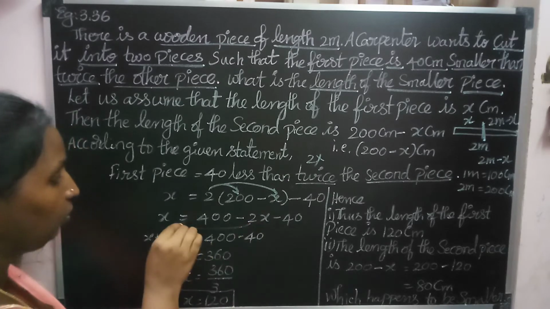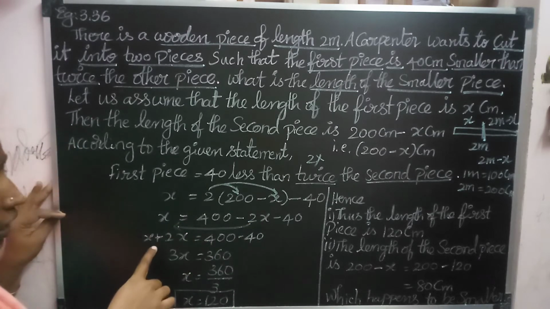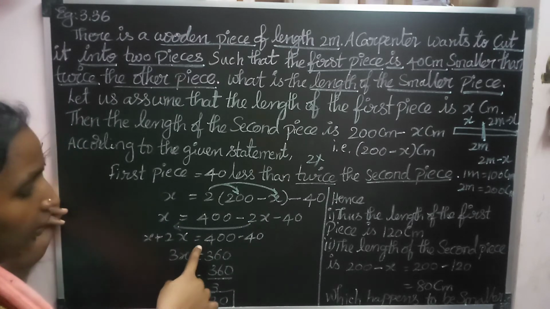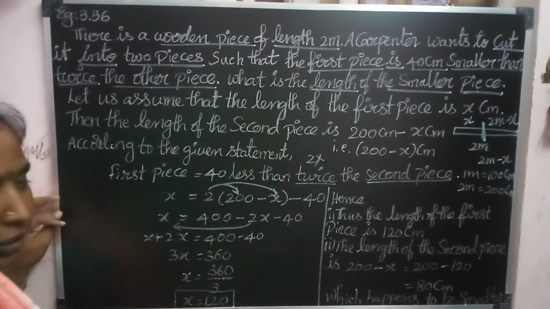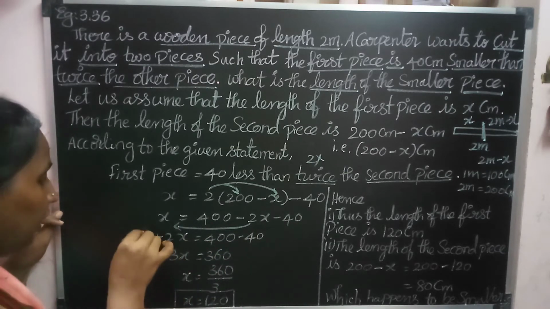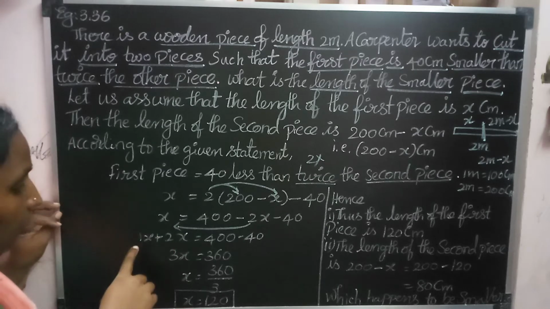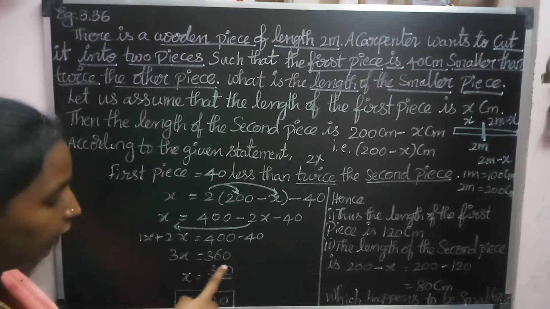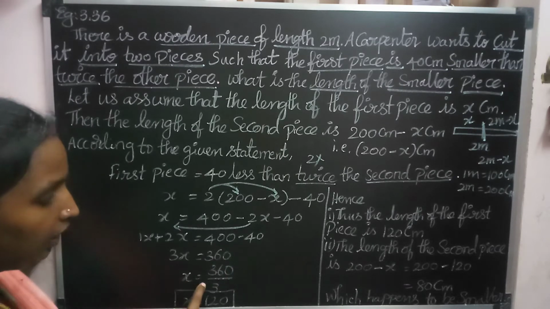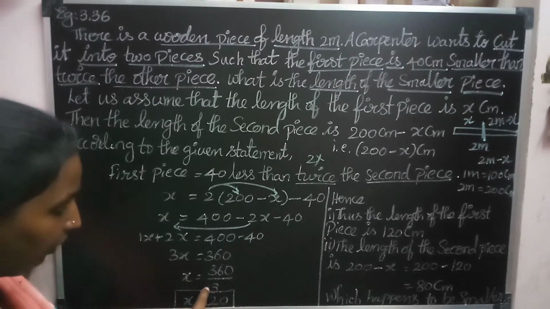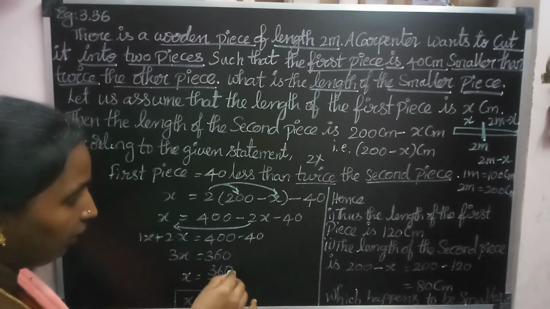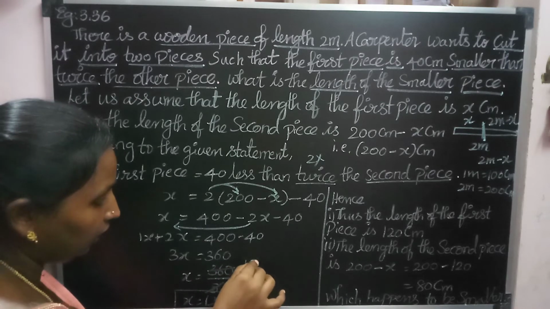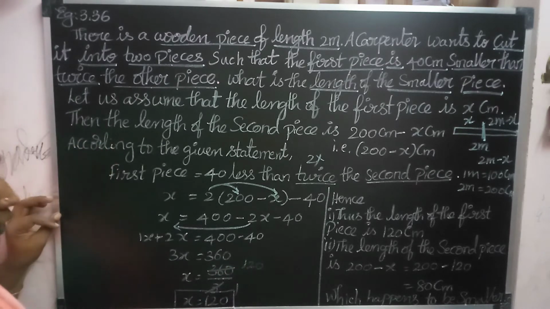So minus 2x goes to LHS and becomes plus 2x. x plus 2x, 1 plus 2 is 3, so 3x equals 400 minus 40, which is 360. x equals 360 divided by 3. 3 ones are 3, 3 twos are 6, 0. So x equals 120.